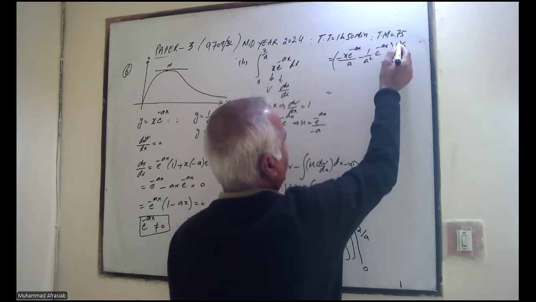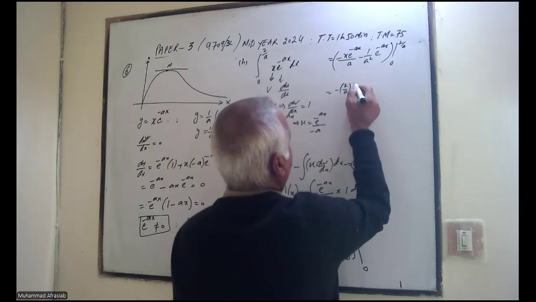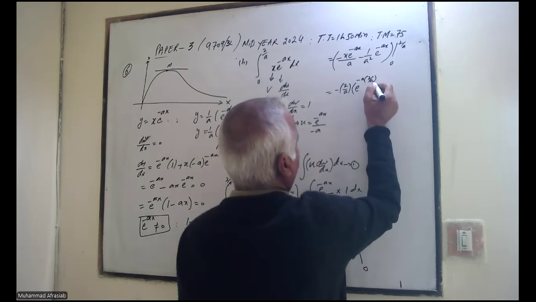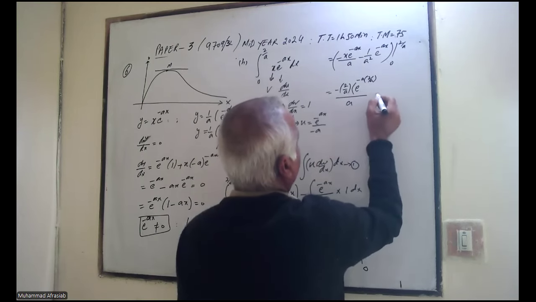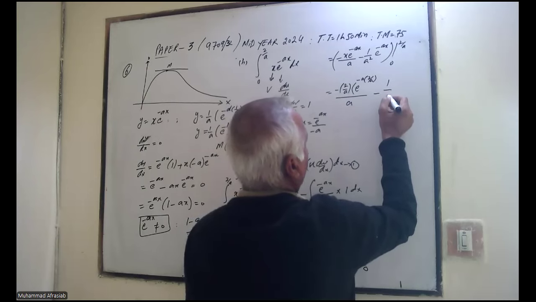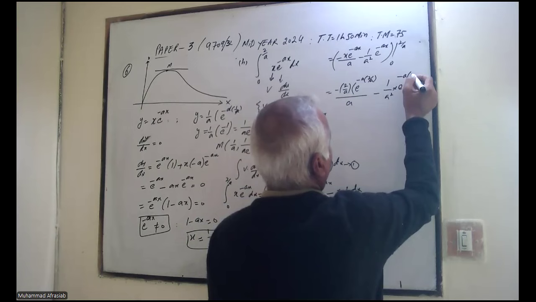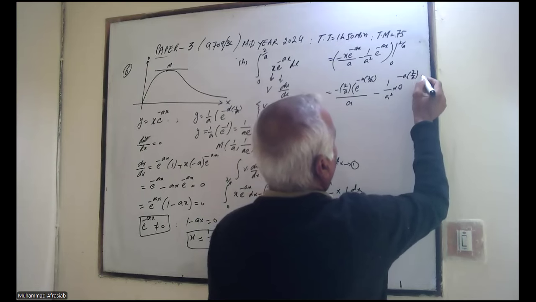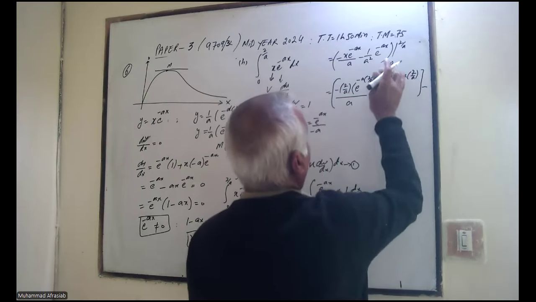So first, the upper limit is 2 by a, so that is equal to minus 2 by a into e power minus a into 2 over a, whole divided by a, minus 1 over a square into e power minus a x, where x is 2 by a, minus 0.